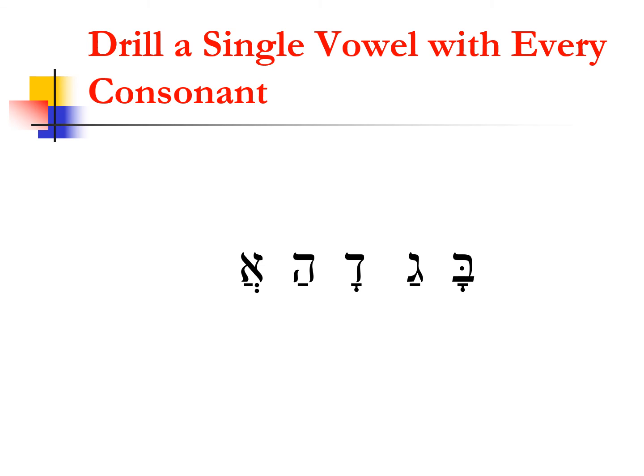If you think about it, even in English reading and phonics classes, students are given a set of words where the vowel and the second consonant remain the same and only the initial consonant changes. Those are the kinds of reading drills that really assist English reading students, and focusing on one vowel and drilling it with each consonant, that's a strategy that works best for Hebrew reading.